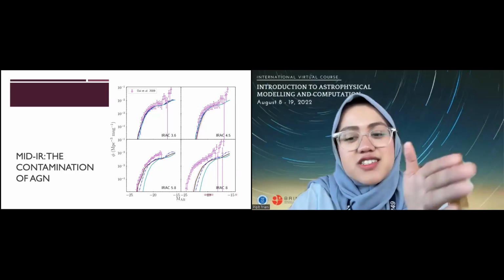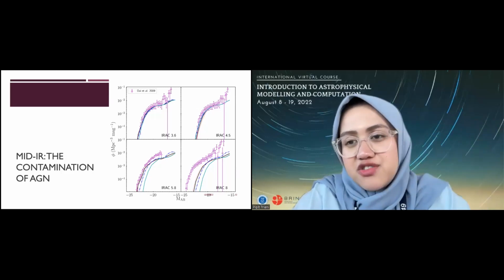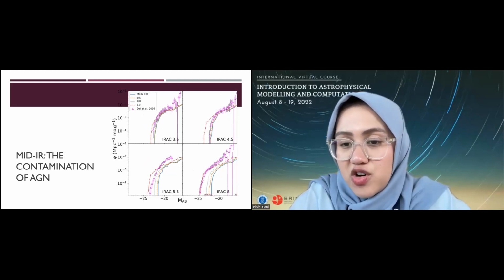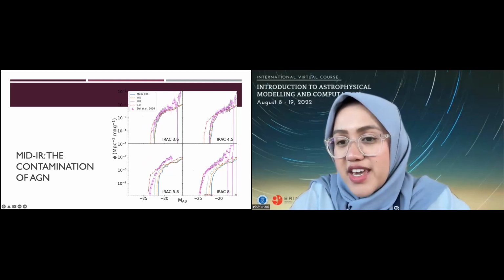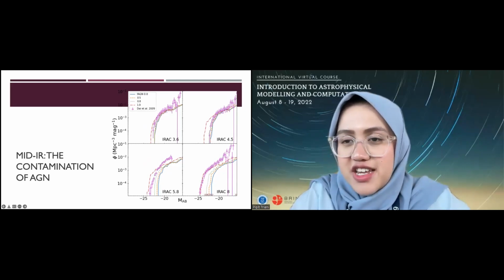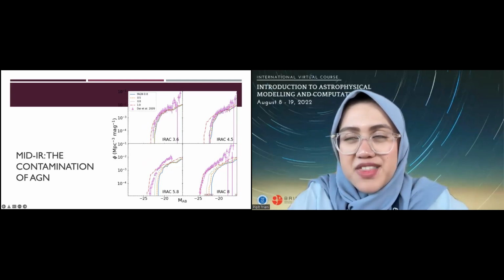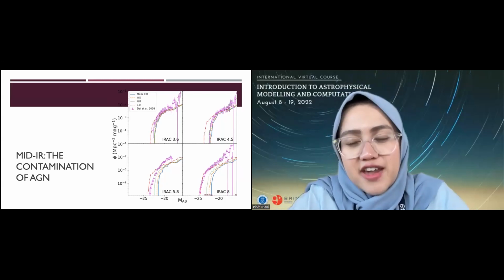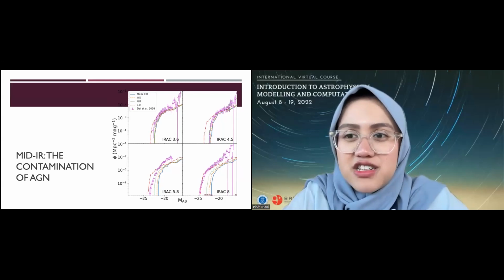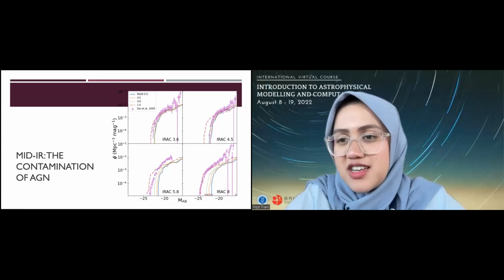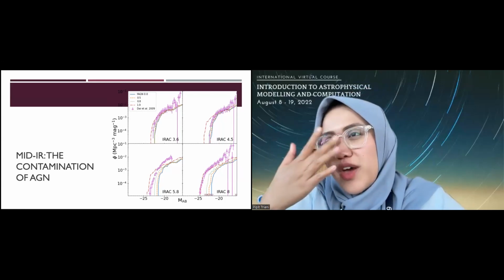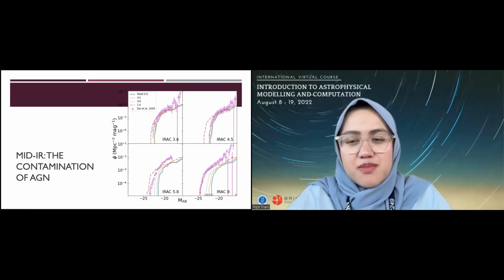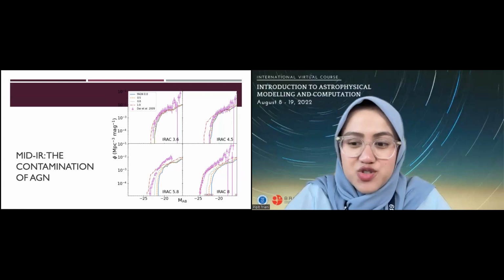But that's because there is a contamination of AGN at this wavelength. If we change the AGN fraction of the model, then we can match the observed luminosity function. But AGNs are really complicated, so they need to be modeled very carefully. For example, the model has AGN feedback, but we haven't modeled the AGN emission very carefully. So that's why we'll leave the mid-infrared for now and work on it later.